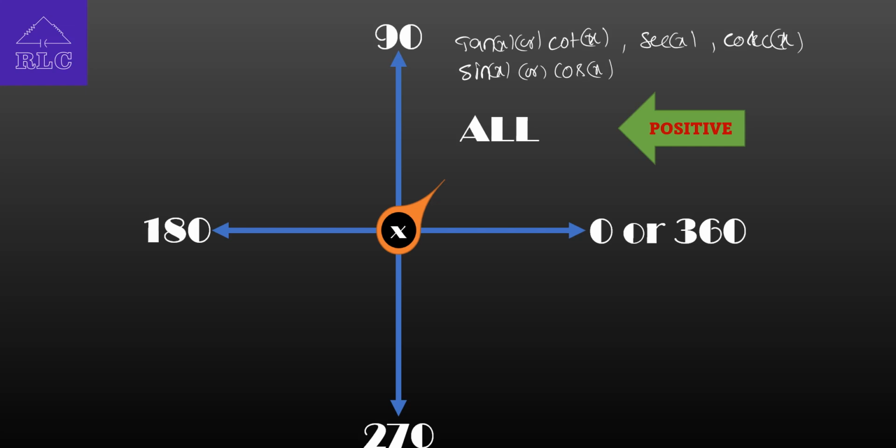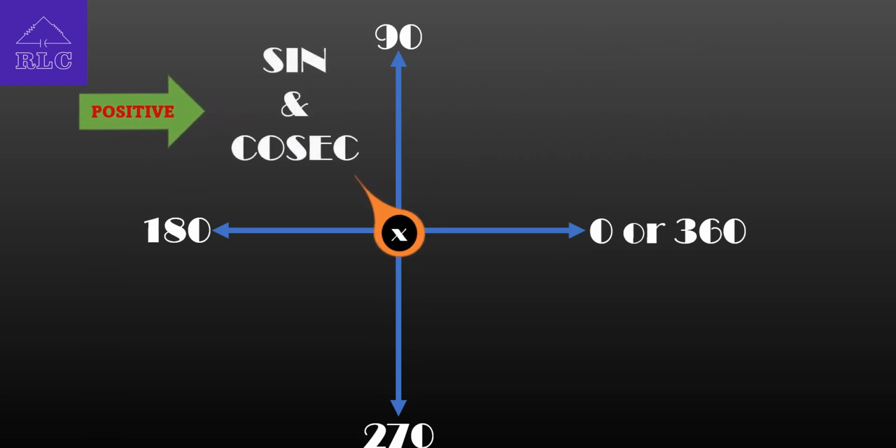In the same way, in the second quadrant, only sine and cosecant functions are positive. That means the sine function and its inverse are the only positive functions between 90 degrees and 180 degrees. All remaining functions are negative in the second quadrant.